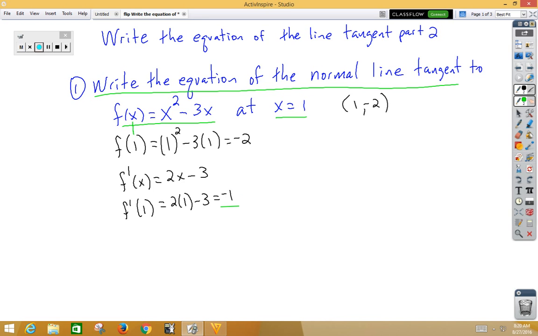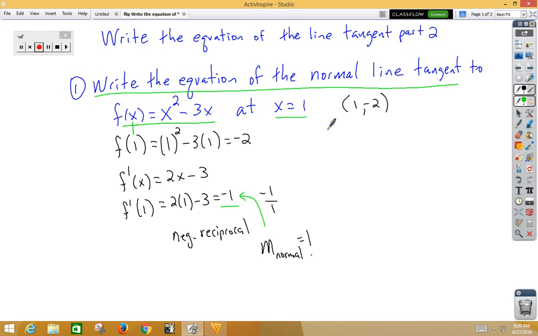To get the slope of the normal, we would take the negative reciprocal of that slope. So the negative reciprocal of negative 1, think of that as negative 1 over 1. Let's flip it upside down and change the sign. So our slope of the normal would be a positive 1.